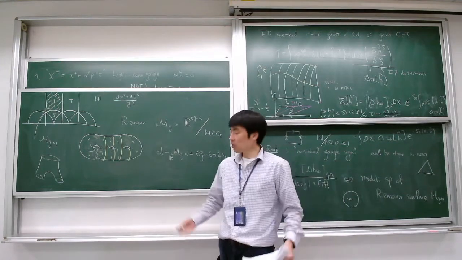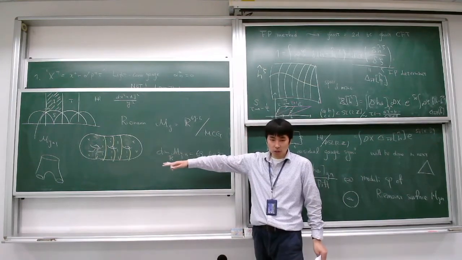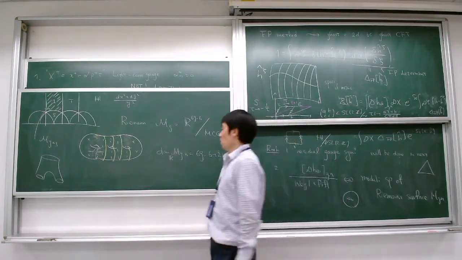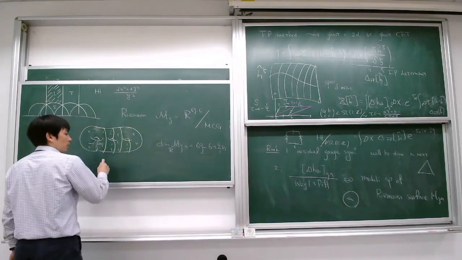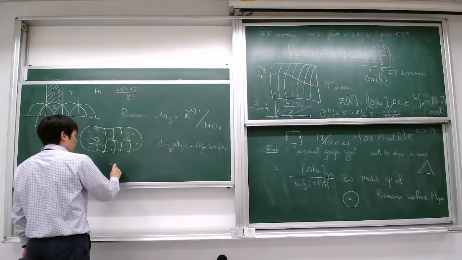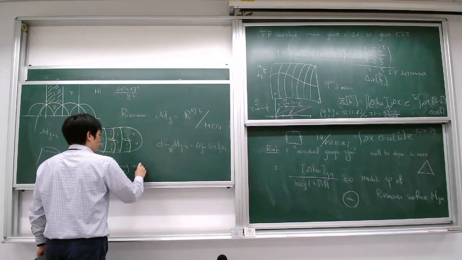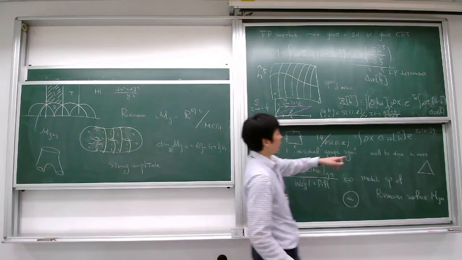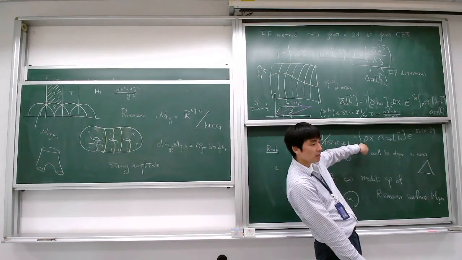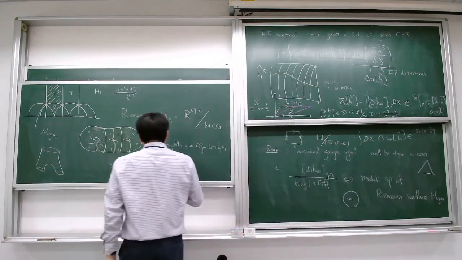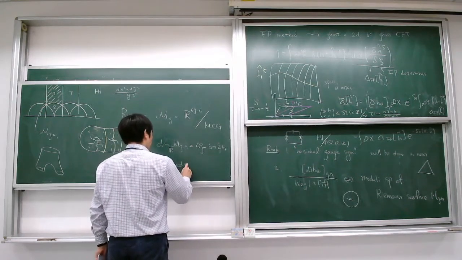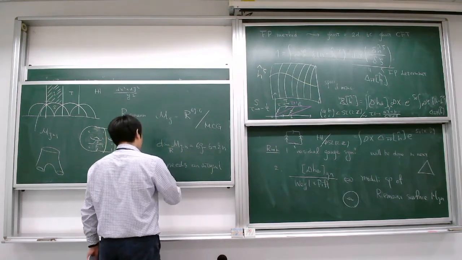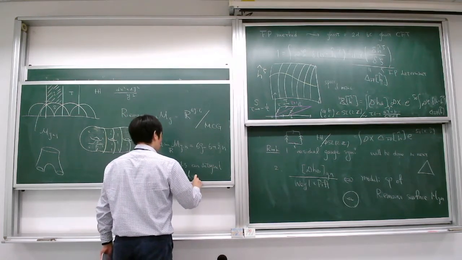To compute the string amplitude, indeed one has to integrate over this moduli space of Riemann surfaces. So at the end of the day in string theory, even though I have here erased the metric dependence, the string amplitude needs an integral over the moduli space of Riemann surfaces.